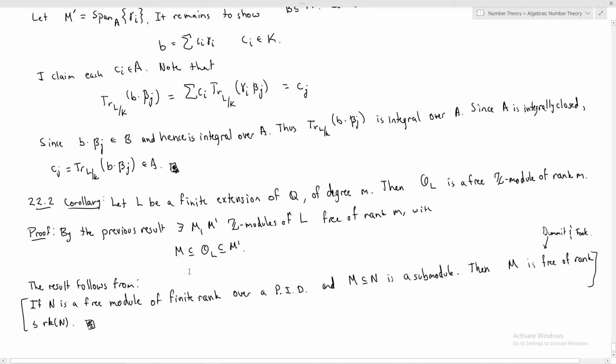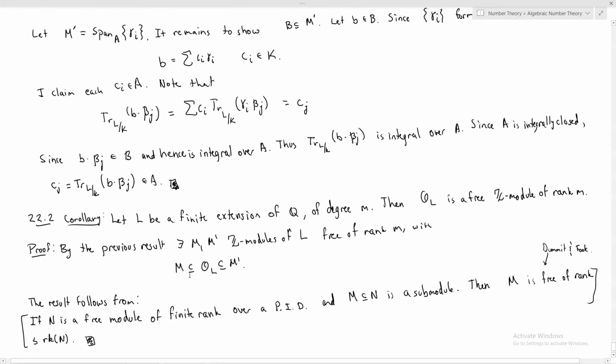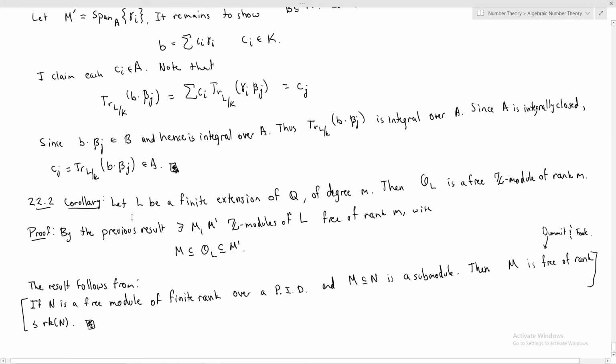In subsequent lectures, we'll do some examples of finding rings of integers, and talk about techniques to compute the discriminant and how you can use the discriminant to tell if you have a basis or not. In this lecture we used a lot of the previous machinery, which really was necessary to build up in order to prove this result.